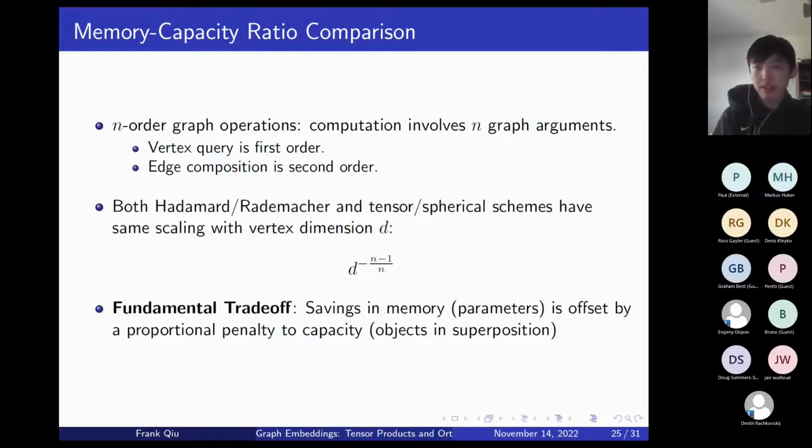So when you look at these alternative binding methods that preserve the dimension, you also have to consider how this adversely impacts the number of things I can store in superposition. And in the Rademacher case, you can see that it's a proportional offset. And so you're not really gaining anything at the end of the day.